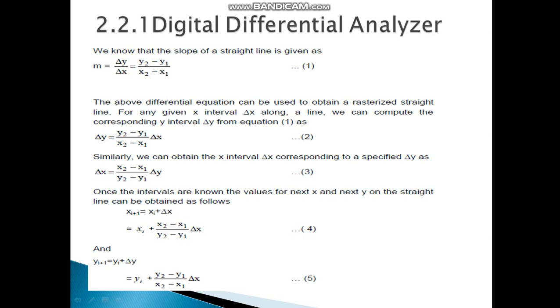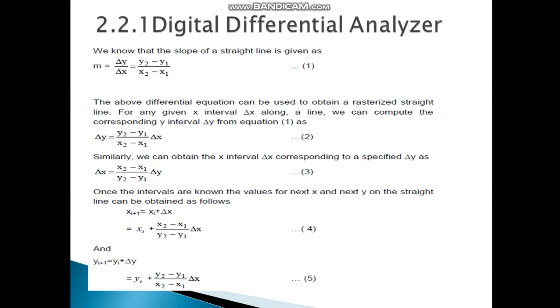Similarly, we can obtain the x interval delta x corresponding to the specified delta y as delta x is equal to x2 minus x1 upon y2 minus y1 into delta y.